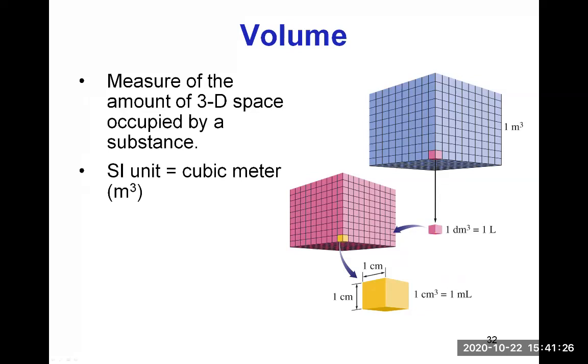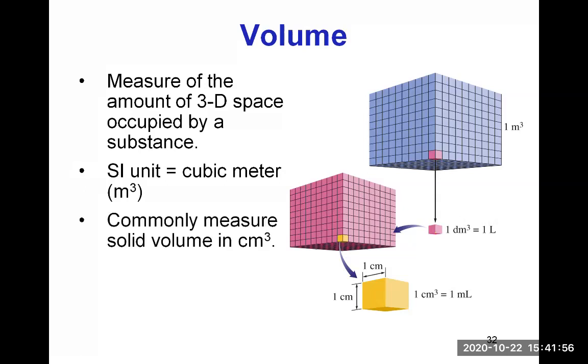If you divide the three sides by 10, and you remove one of those little cubes out, it's 1 decimeter cubed. Now if you divide the 1 decimeter cubed's three sides by 10, and you remove one of those little cubes, it's a cubic centimeter, right?